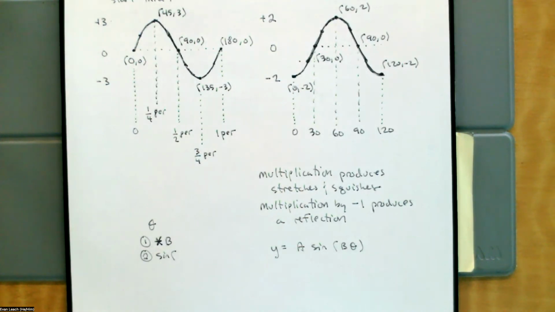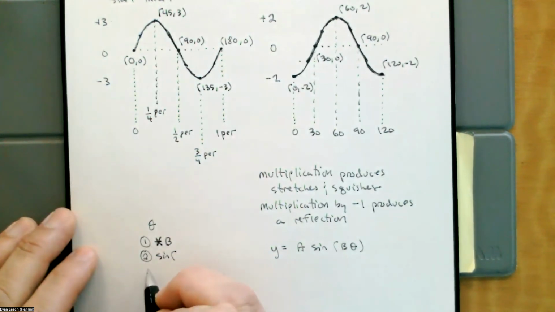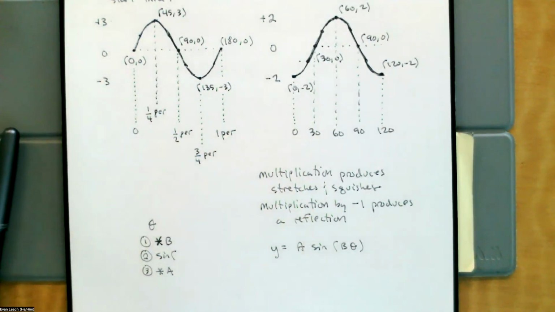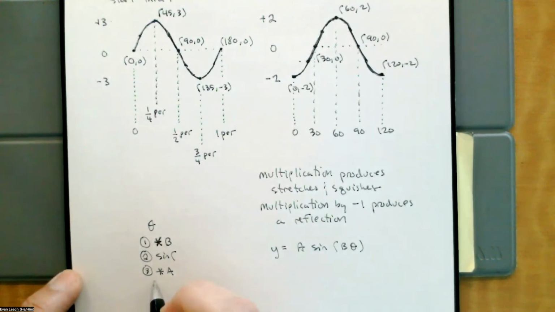Once I've finished taking the sine of b theta, I multiply the result by a. And that ended up at y. So that's how we turn theta into y.